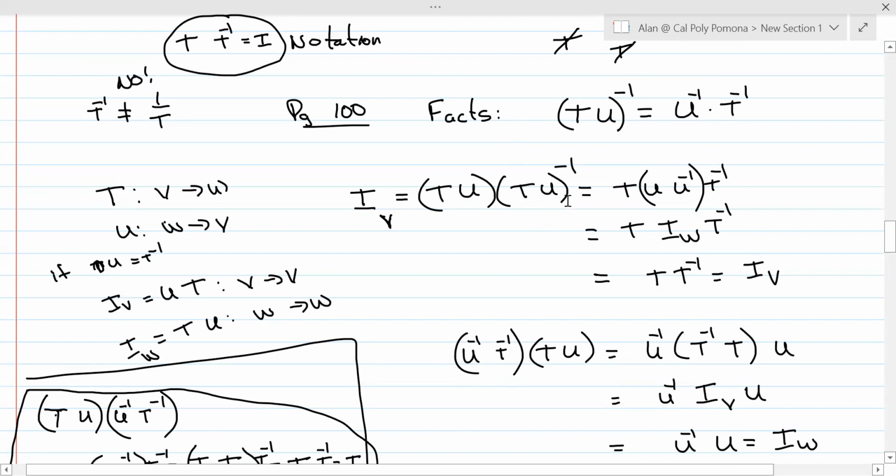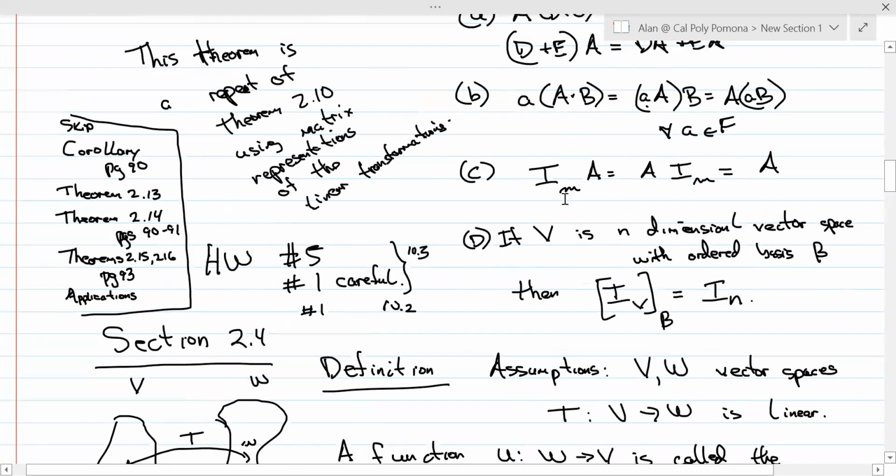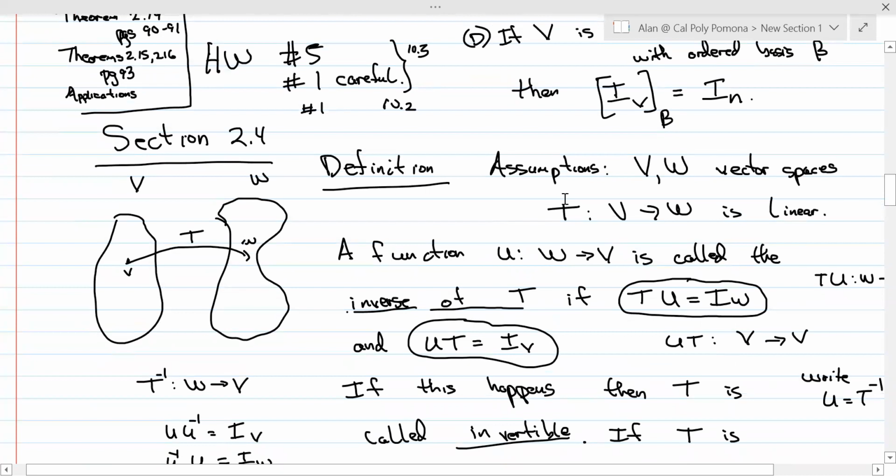Yeah, we have to show it works on the other side too, right? Because our definition here: if you want U to be the inverse of T, you have to show that composition T with U is I_V and composition U with T is I_W.